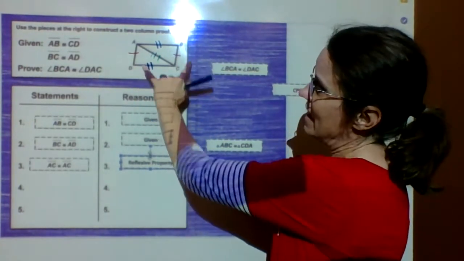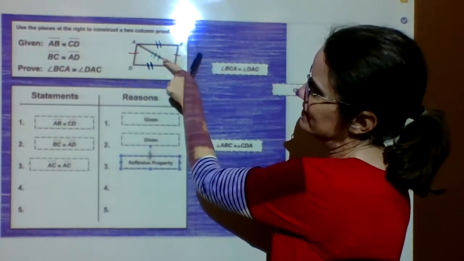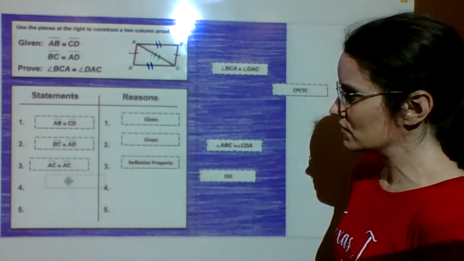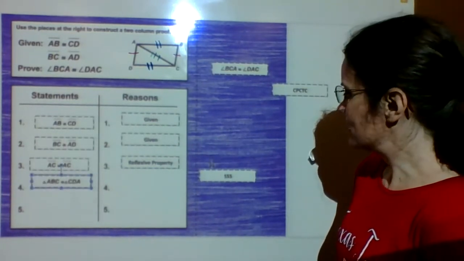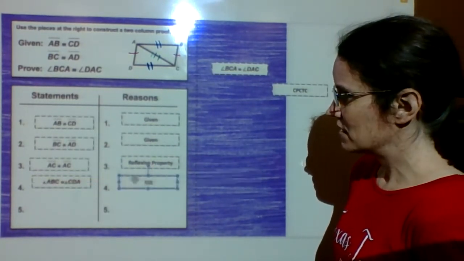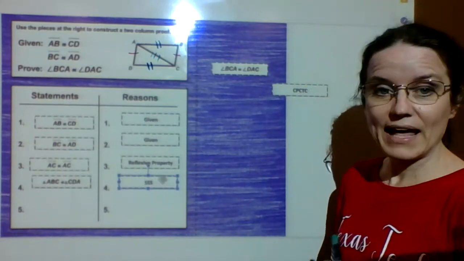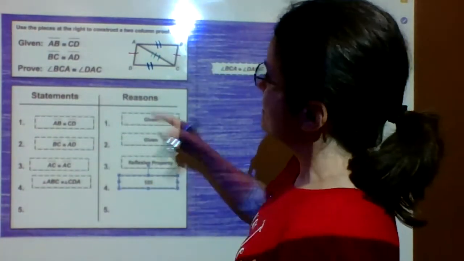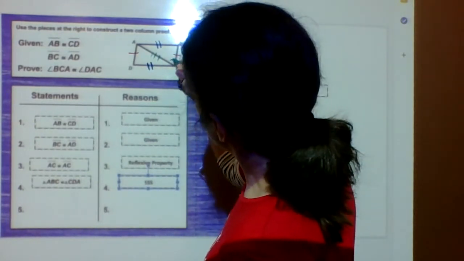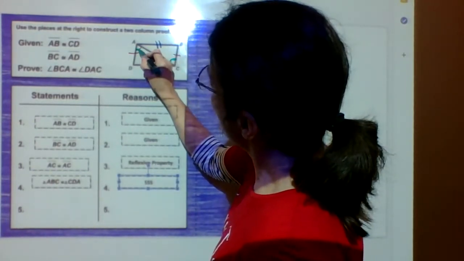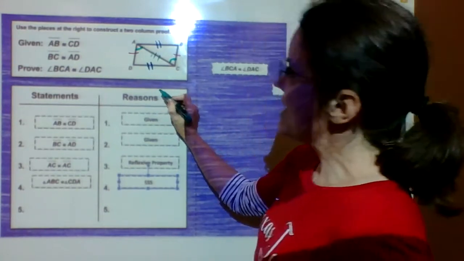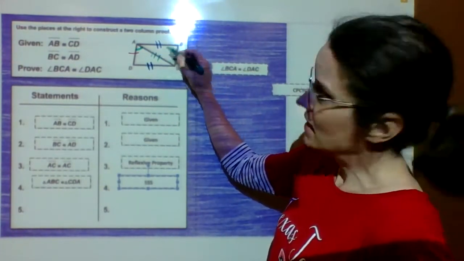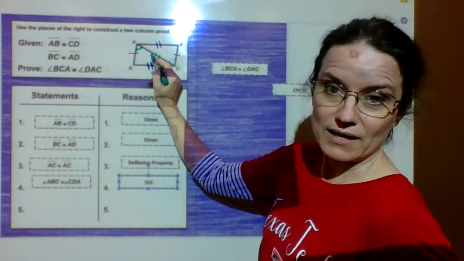Now looking, I have sides, sides, and sides congruent. And so I can say that these two triangles are congruent using my side, side, side congruency. Now that I have those set up, now I can go in and, angle BCA right here is going to be the corresponding part to DAC there, because this one is in between the red and the green marks, and this angle here is between the red and the green marks.